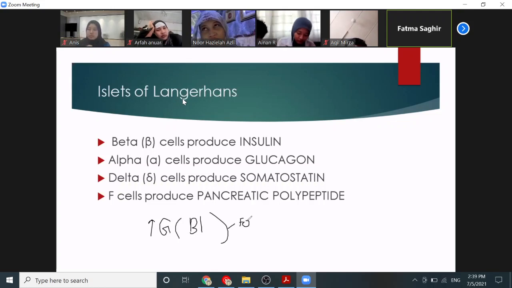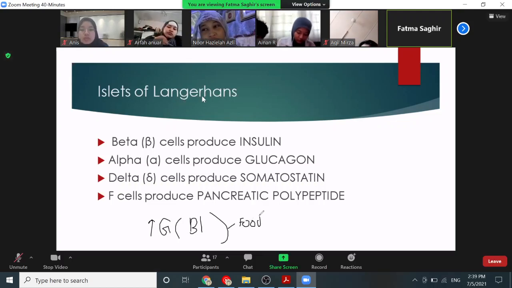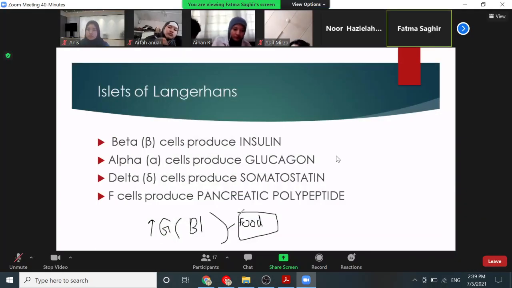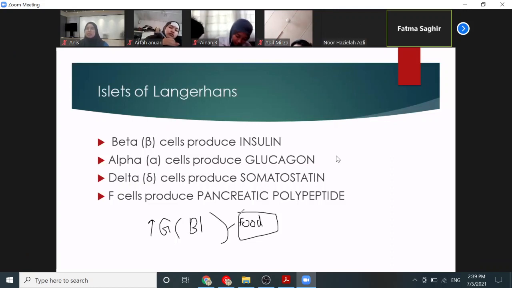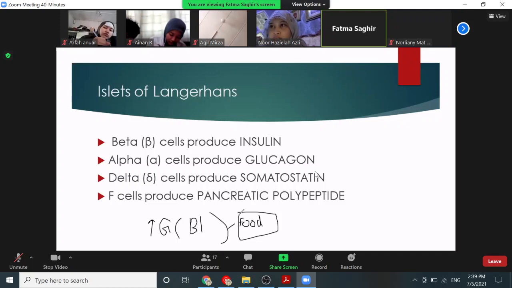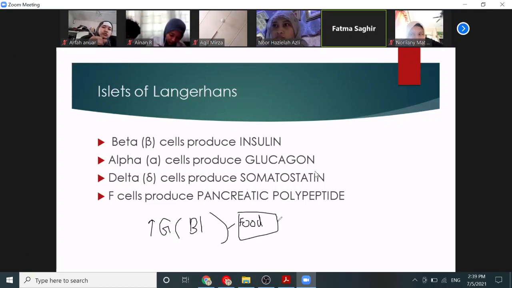Okay, but not all food will increase your blood glucose. So when you eat something, you expect that you get some glucose after eating a meal, but definitely it depends on the type of meal. So what type of meal can increase your glucose? Maybe rice.